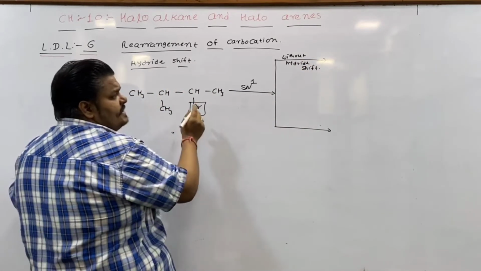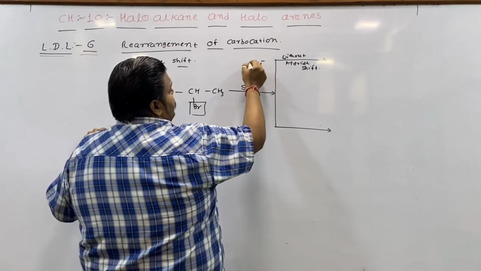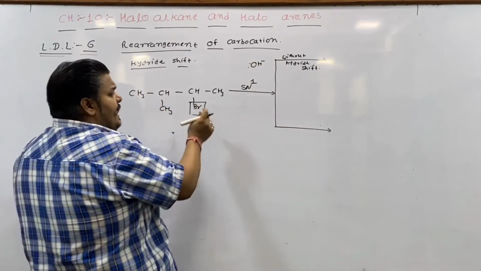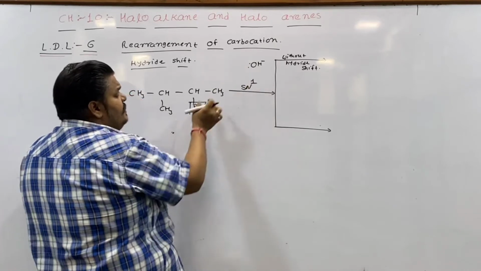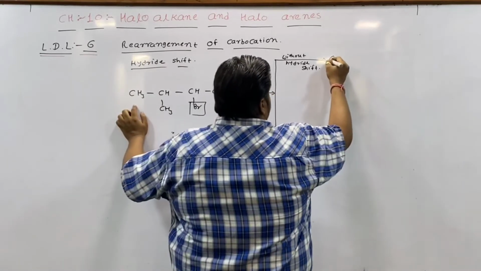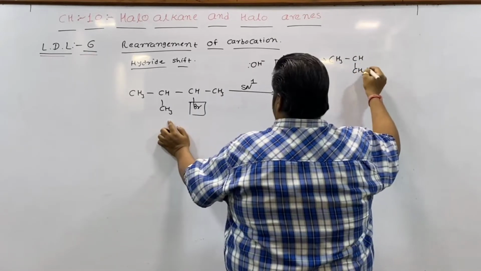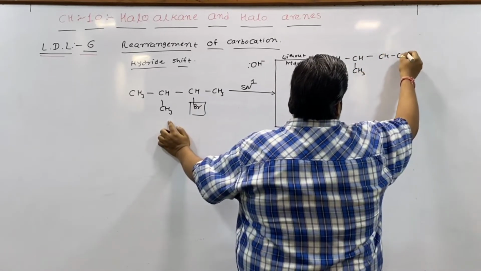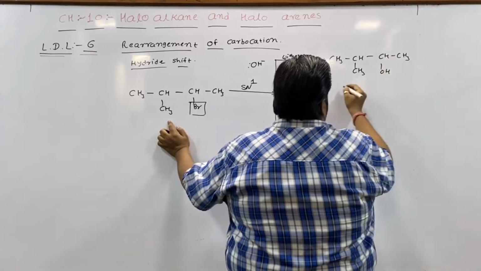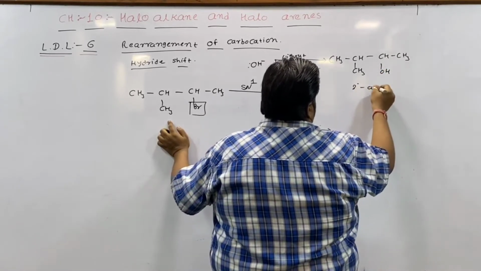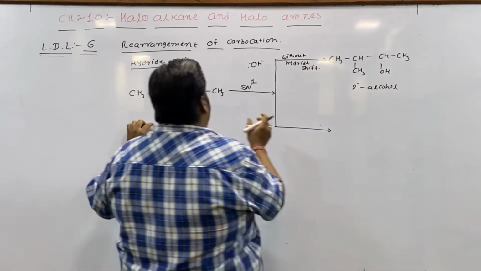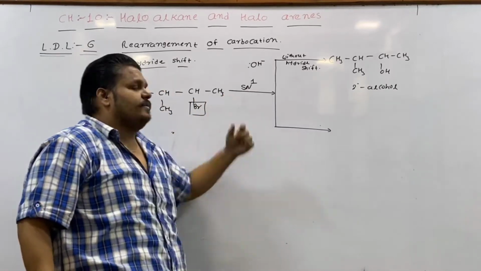Br will be substituted by the OH group in two different stages, and OH substituting the Br produces a secondary alcohol. The secondary alcohol is obtained by the substitution of Br by following the SN1 mechanism.